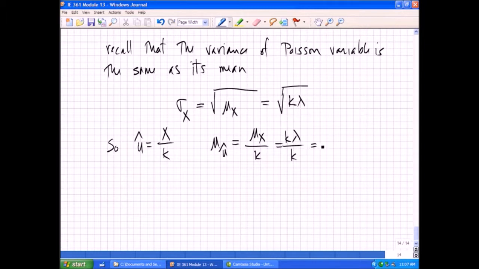That is nothing but lambda. And the standard deviation for u hat is 1 over k times the standard deviation for x, and that gets me the square root of lambda over k.